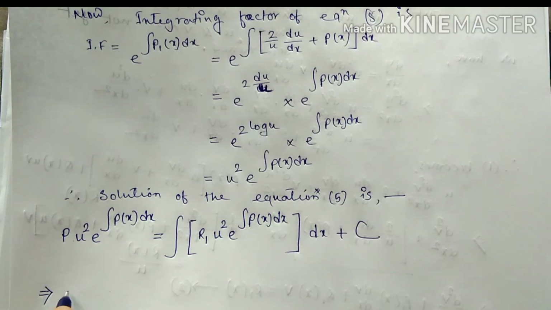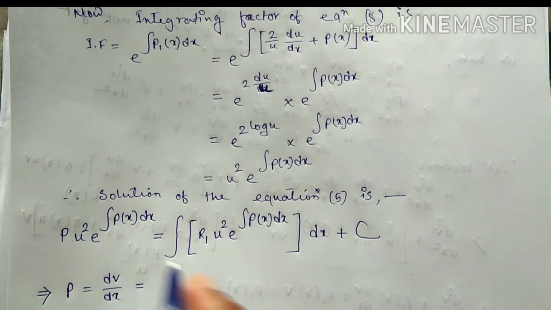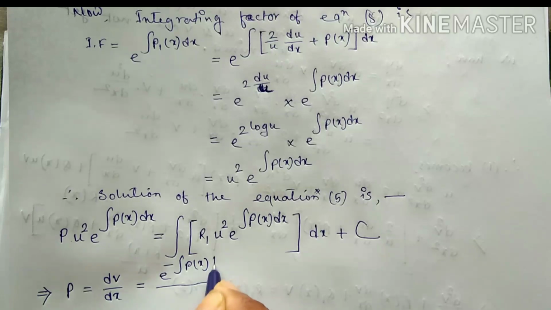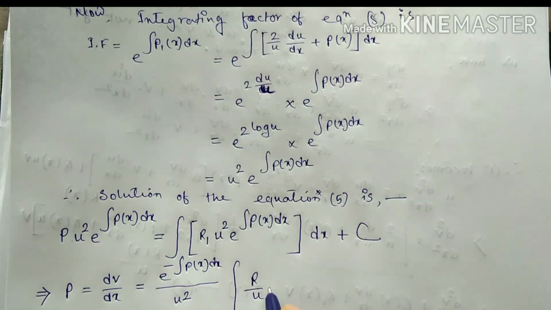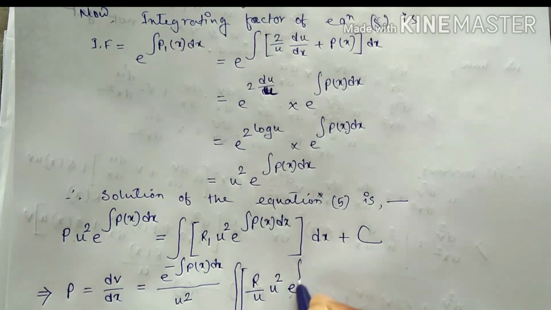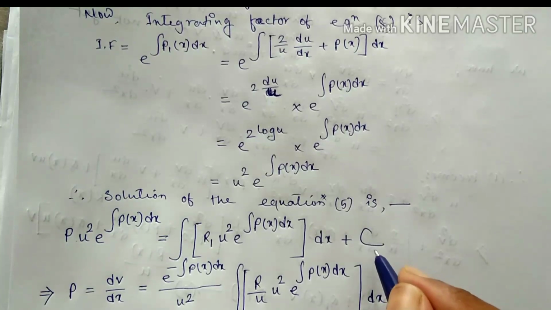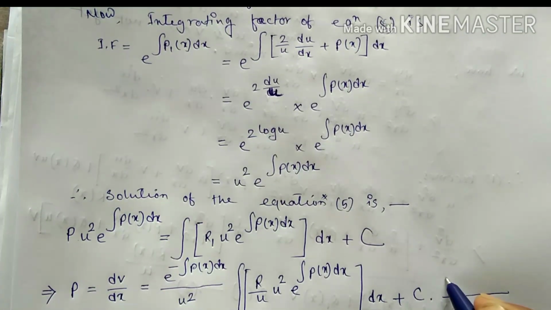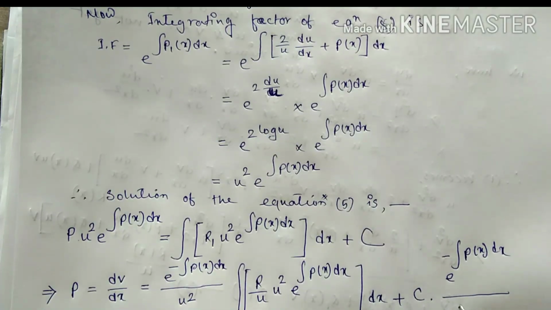This implies that v is equal to, we have to put dv by dx is equal to, and this function goes to this side, e to the power minus integration p of x dx divided by u square integration r by u square e to the power integration p of x dx whole bracket dx plus c, c is an integrating constant, c into e to the power minus integration p of x dx and u square.